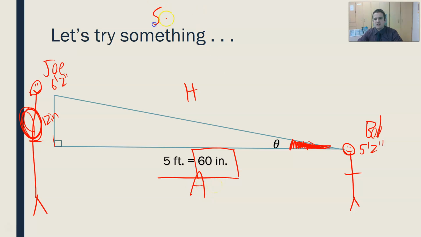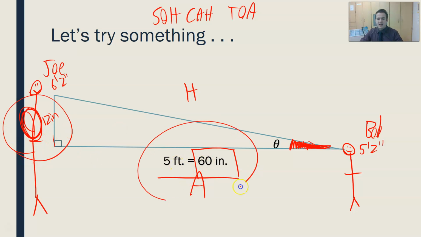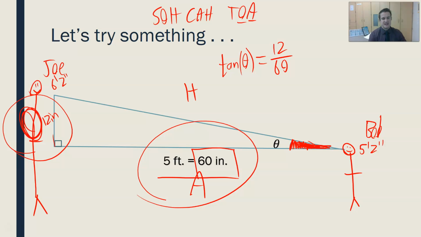So thinking back to SOHCAHTOA, what trig function am I going to have to use in order to solve this problem? Well, I have the opposite side, I have the adjacent side. That's going to be tangent. So tangent of this angle, theta, is equal to opposite over adjacent, 12 inches over 60 inches. Okay?